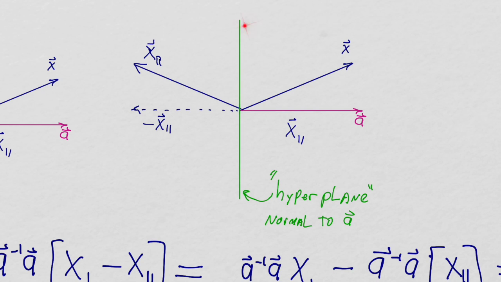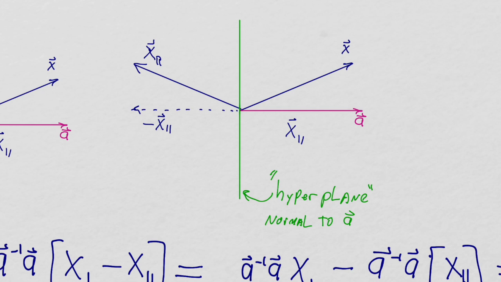So you're reflecting through a plane that is perpendicular to the vector A. And when you think of it that way, then of course you're going to take the part that's parallel to A and change its sign, and of course the perpendicular part won't change sign at all. And that turns out to be the correct way of looking at things. We're always reflecting through planes, but we're identifying the planes through their normal vectors.